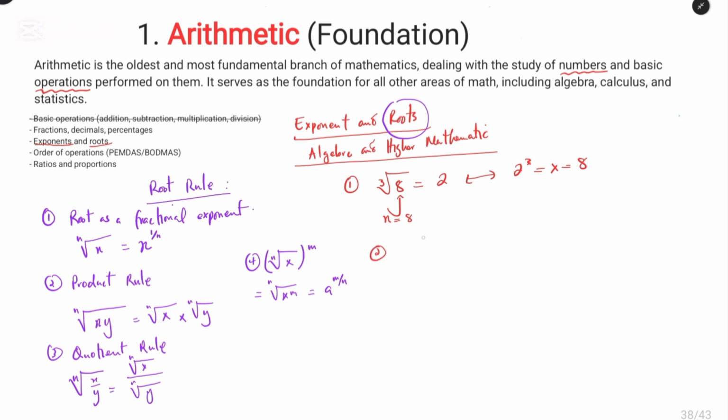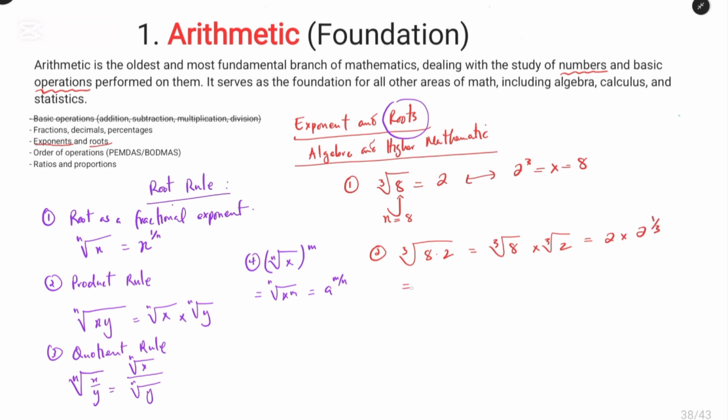Secondly, the product rule. If we have the cube root, where x is 8 and let's say y is 2, then we should have the cube root of 8 multiplied by the cube root of 2, which will now give us 2 times 2 to the power 1/3.